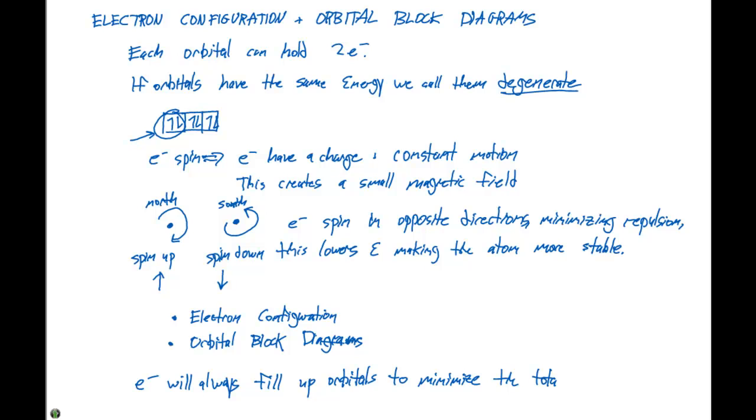So we're going to get the lowest energy value that we can for all of these electrons occupying various orbitals.